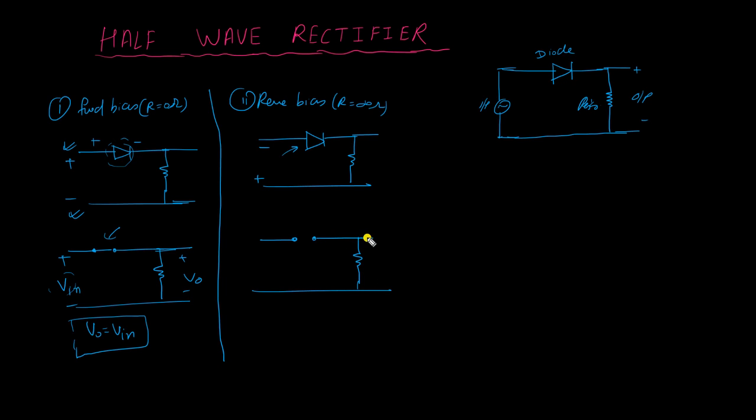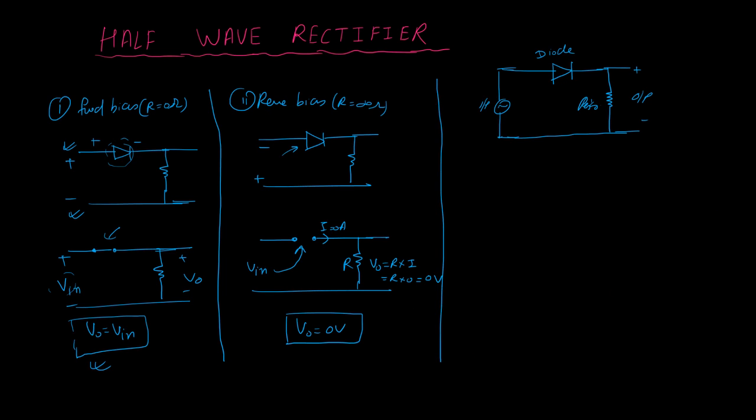Now if we apply any input voltage here, all this voltage is going to drop across the diode and there will be no current, I equal to 0 ampere. So the output voltage will be this resistance R into I, and since I is 0, we are going to get 0 volt. So V output will be 0 volt. We can see this situation once more by analyzing one graph.